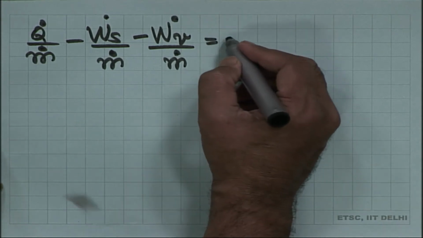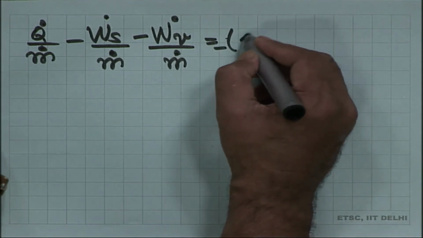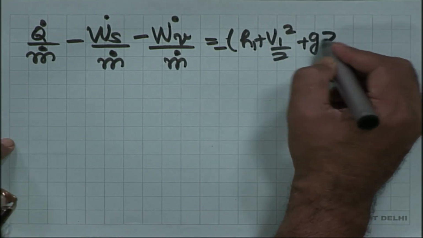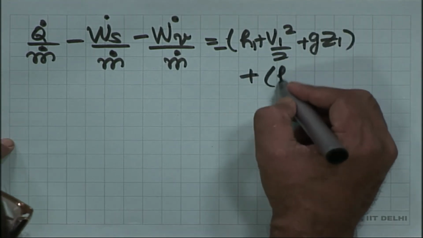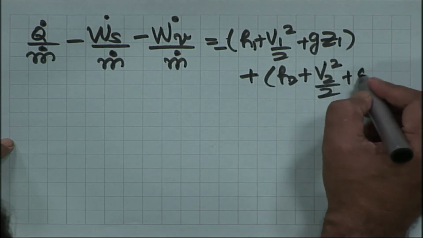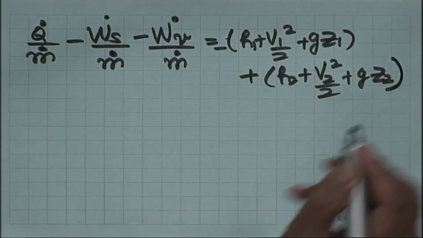This is equal to minus of H1 plus V1 square by 2 plus GZ1 plus H2 plus V2 square by 2 plus GZ2.